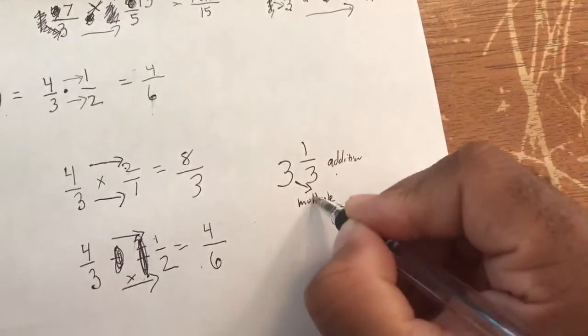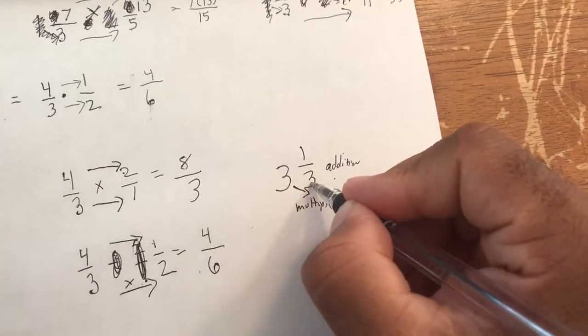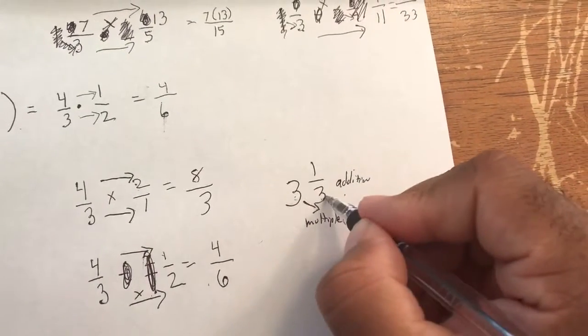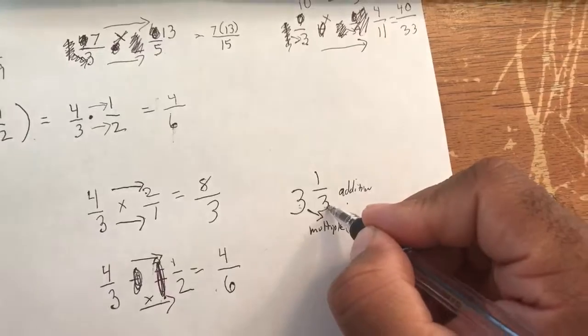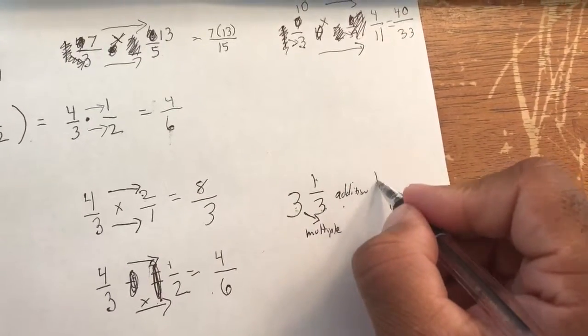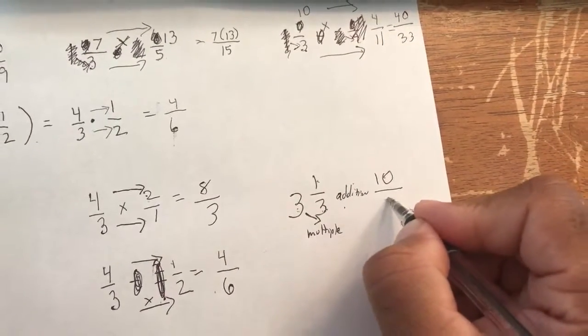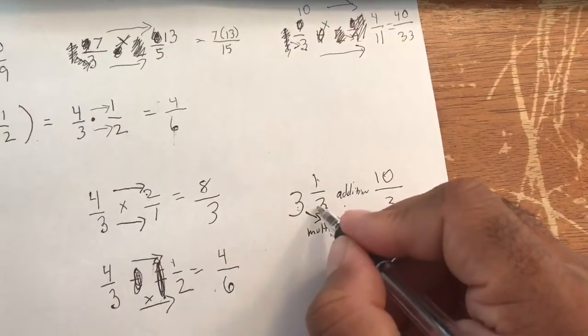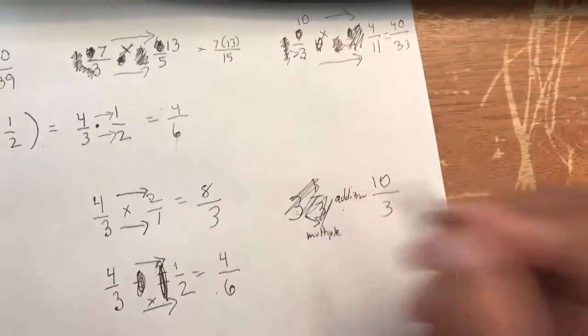That's the pattern. Multiply and addition, and then we keep the denominator. Multiply, 3 times 3 is 9. 9 plus 1 is 10. And we keep the bottom denominator, and we can cross it out.